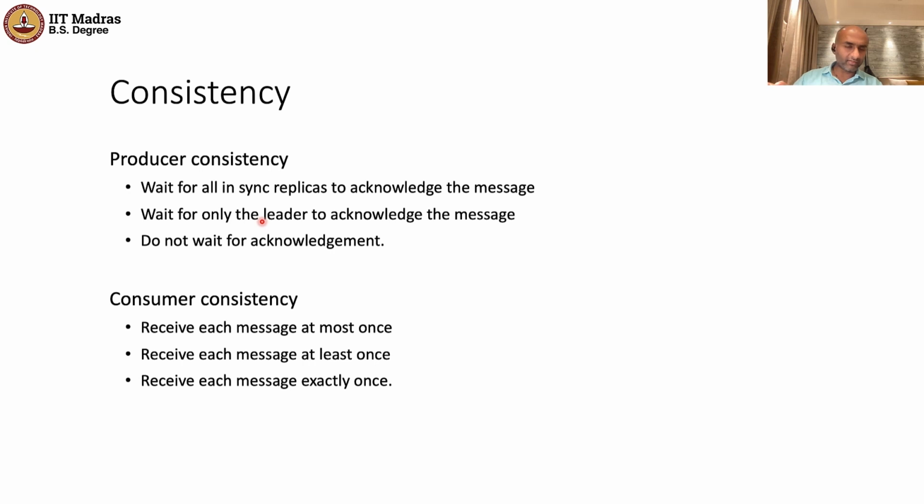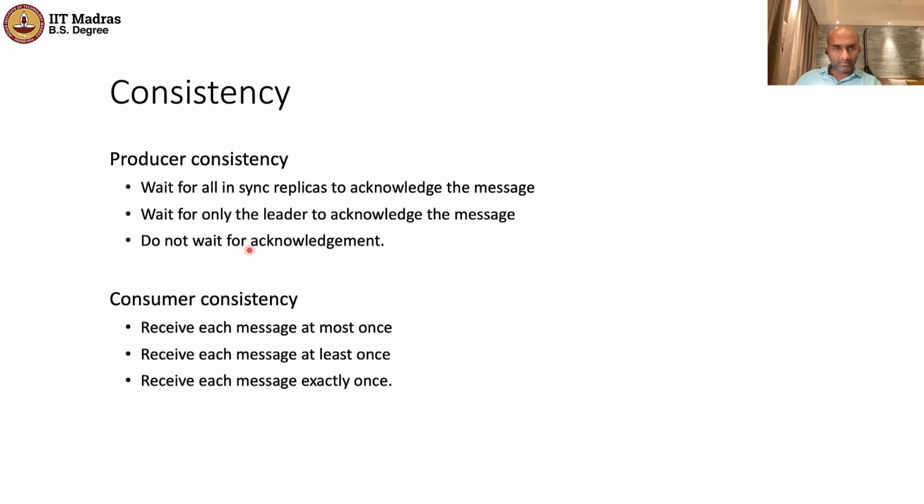Because the replicas are not synced up yet, and the primary fails, and that data is therefore no longer available. But the producer thinks that the data is persisted. So that's the pitfall of this configuration option. But obviously, this configuration option has a lower latency, a faster response time than the first configuration option.